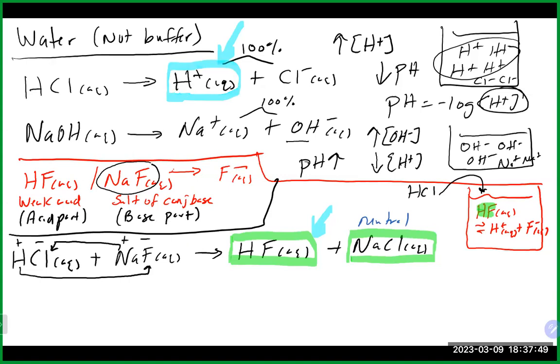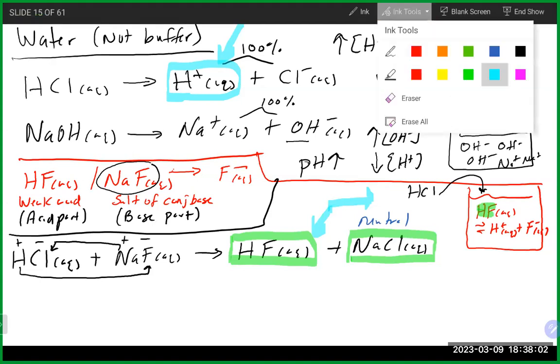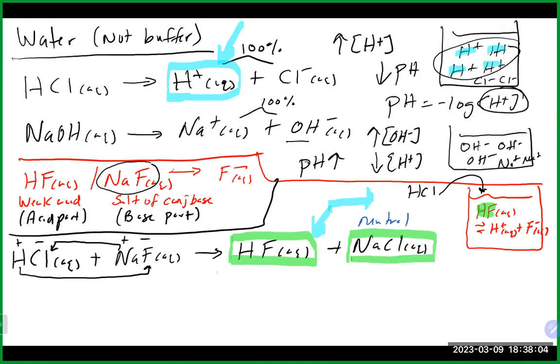Yeah, when we added the HCl to water, we produced a ton of hydrogen ions, right? Which affected the pH. When we added it to our buffer, we did not produce any more hydrogen ions. So no hydrogen ions produced. Which means if there is no new hydrogen ions produced, the concentration of H plus will stay relatively constant.